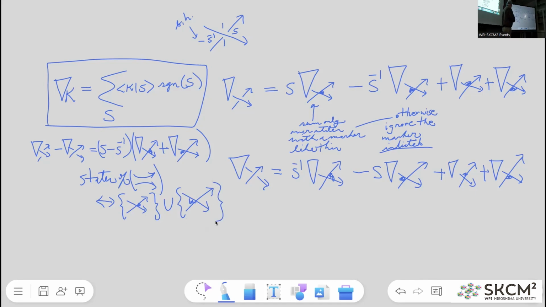Now, maybe you need a picture in order to see that, but let me say it anyway. Suppose you had a state of this. Then the question you have to ask is, where's the marker in this region? Here's the region. Well, the marker might be over here.